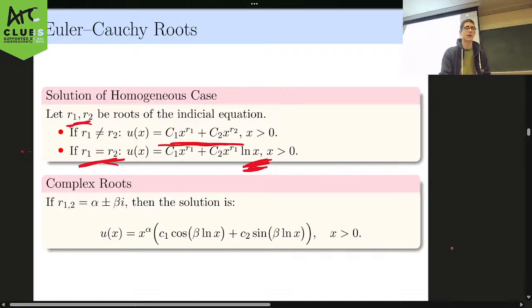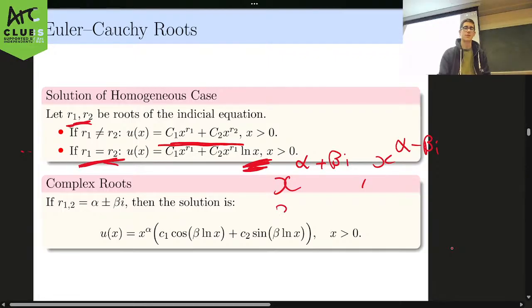And then finally, in the case of complex roots, we know that the solutions would be x to the alpha plus beta i and x to the alpha minus beta i, right?